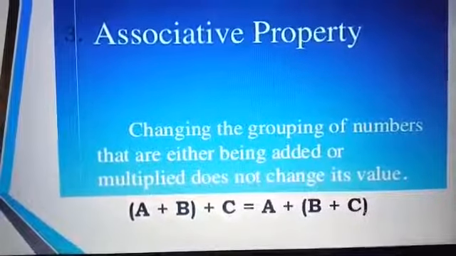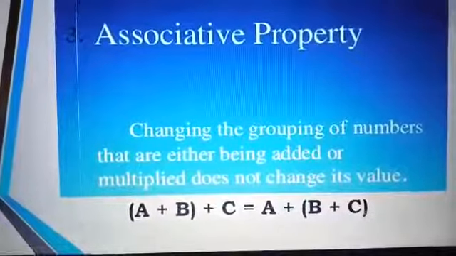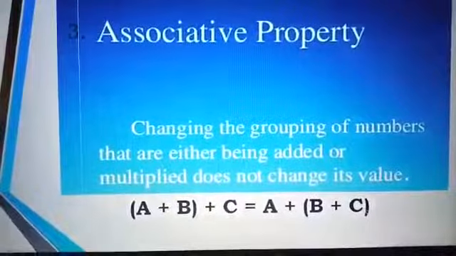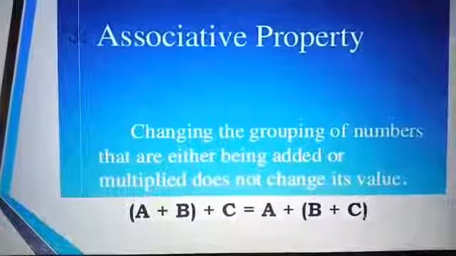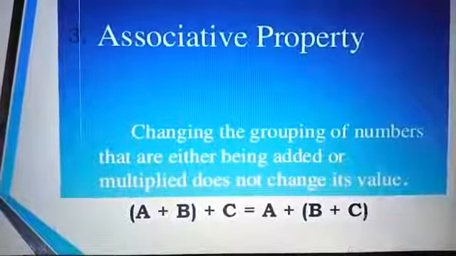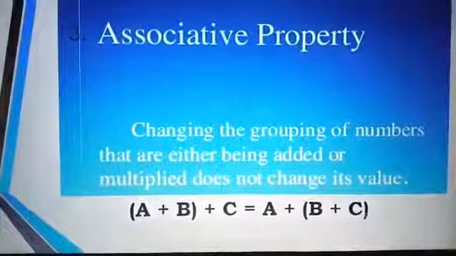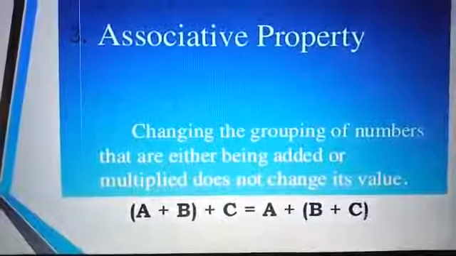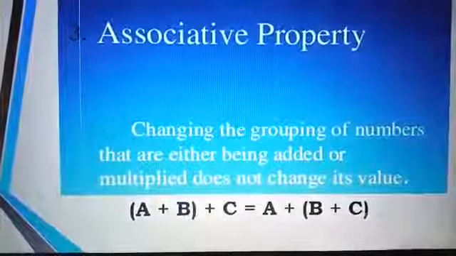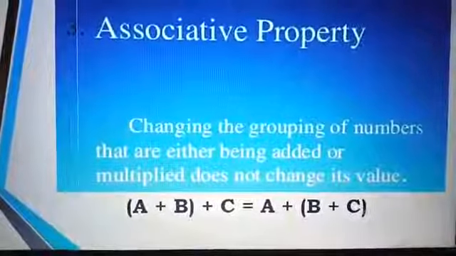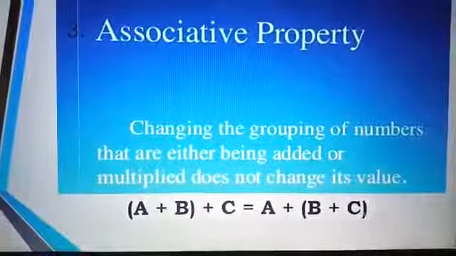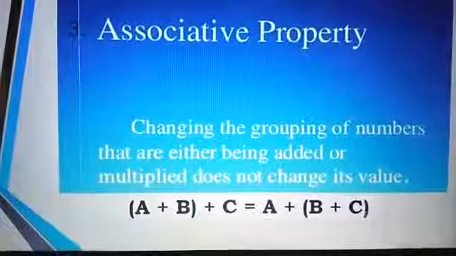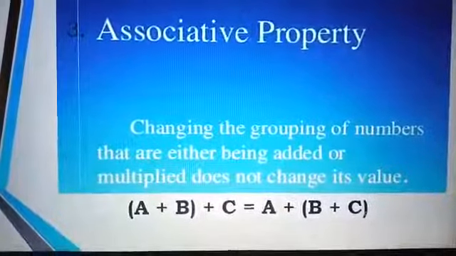But in subtraction, the left hand side doesn't equal the right hand side. This is the associative property for subtraction. In the closure property also, A plus B is an integer, and A minus B is an integer. I hope you understand the properties of addition and subtraction.